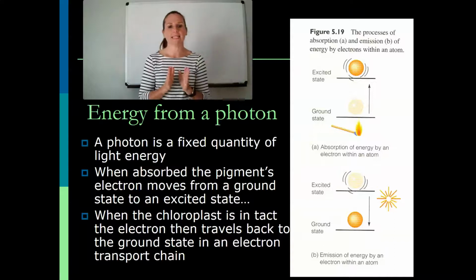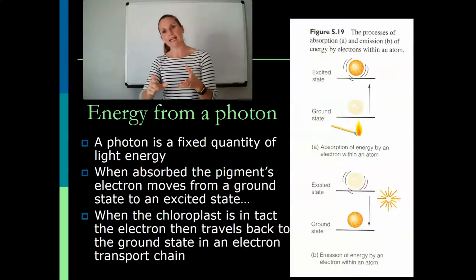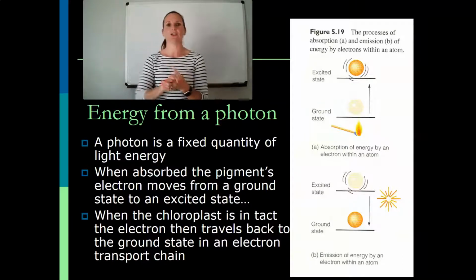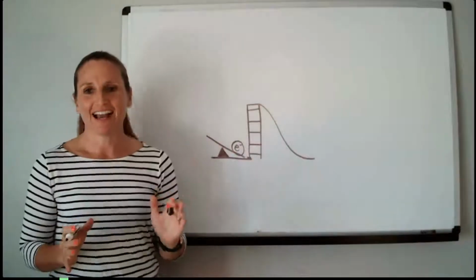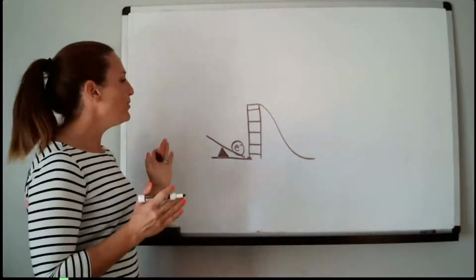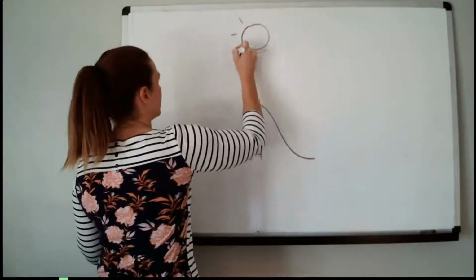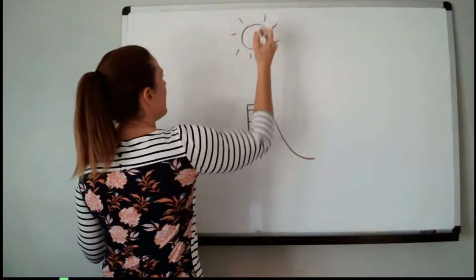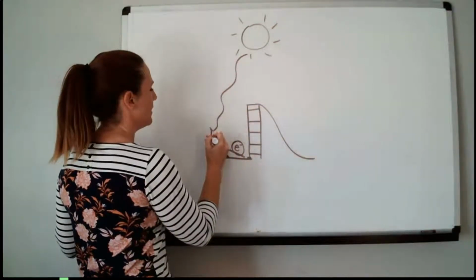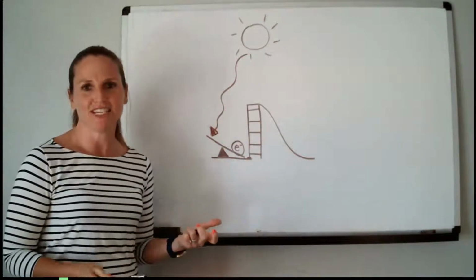When the chloroplast is intact, this electron that goes up to the excited state is then going to slide slowly down into a new reaction center. Okay guys, so this is Mrs. Wally's crazy playground. What we're seeing here is that a wavelength of sunlight is going to come in and hit, imagine, a little teeter-totter.